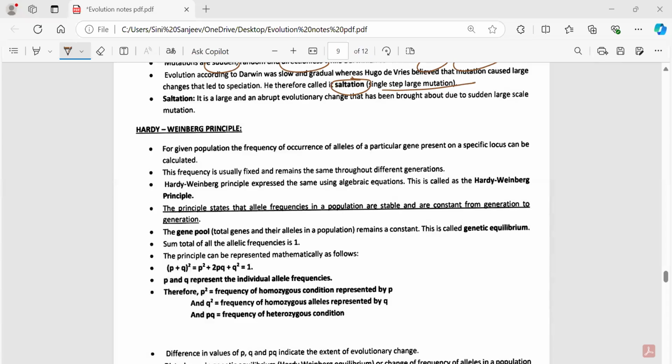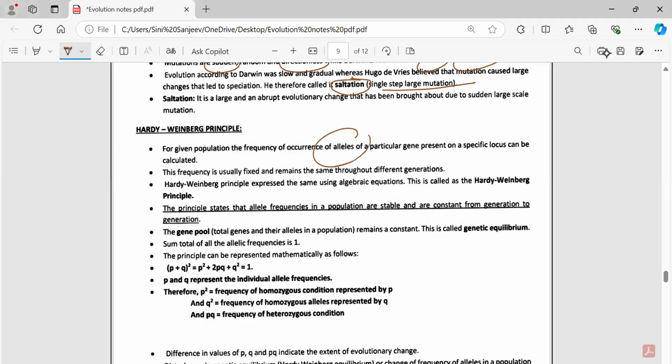The next one is the Hardy-Weinberg principle. This is also based upon the mechanism of evolution, but here it is a little bit different because we are going to look at the alleles. How a change in the frequency of alleles may have an impact on evolution is what is called the Hardy-Weinberg principle. So what is the Hardy-Weinberg principle?